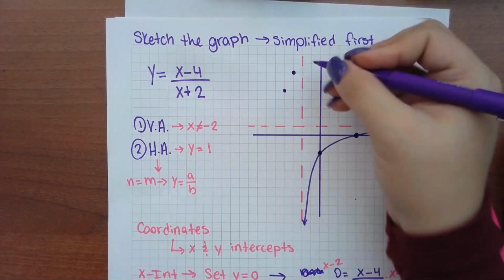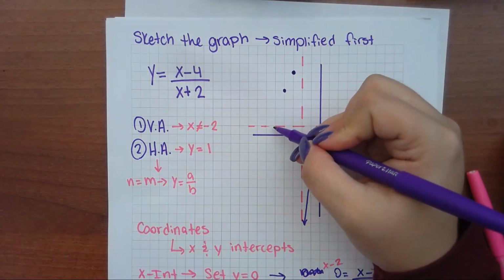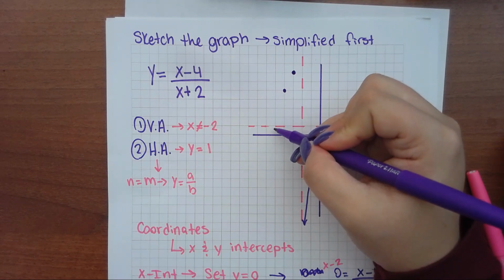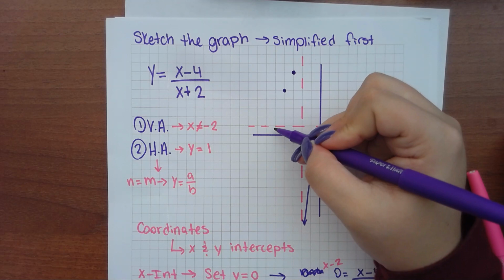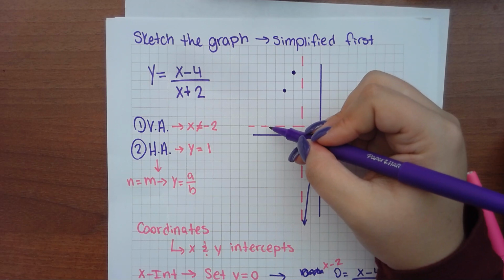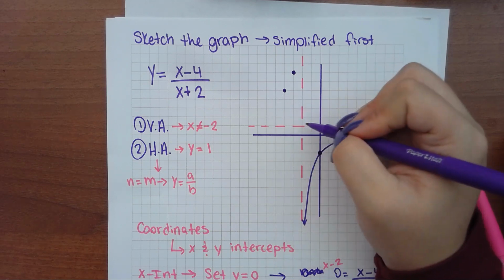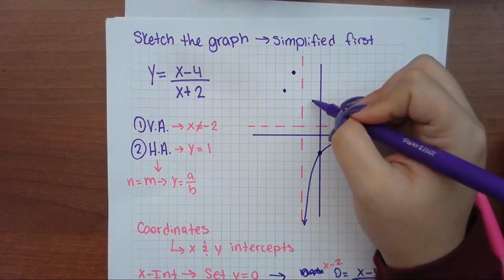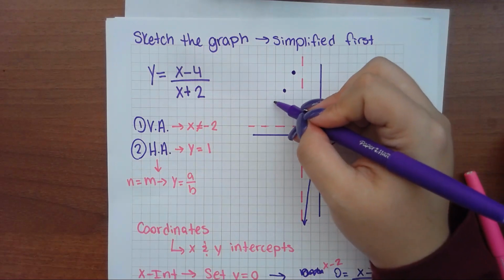If I had done negative 5, negative 5 minus 4 would be negative 9, and then divided by negative 3. So negative 9 divided by negative 3 would be positive 3. And you'll see it just kind of continues to go down.